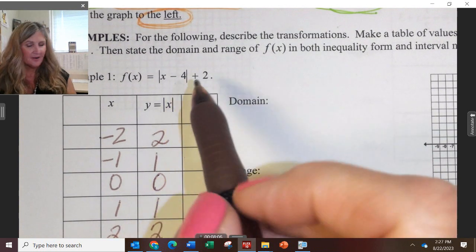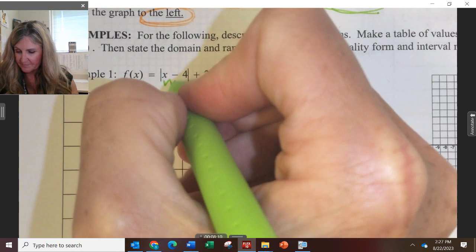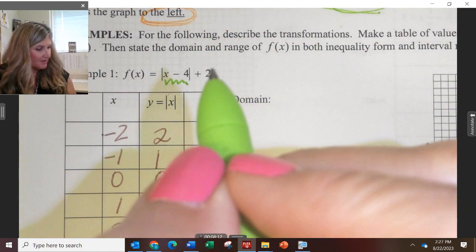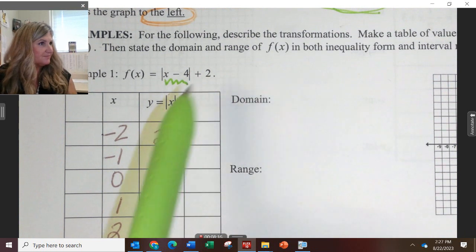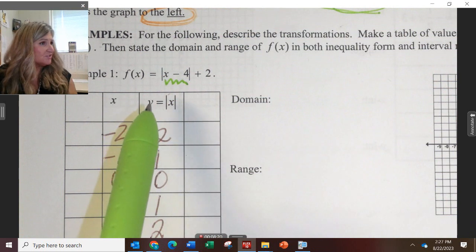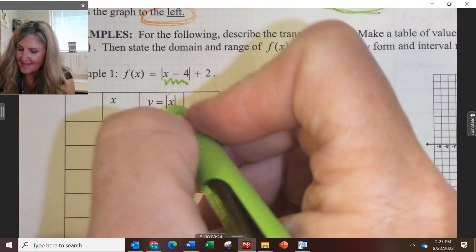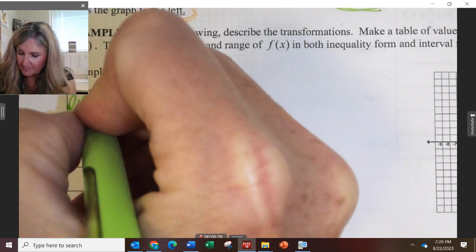Now we're going to look here. This x minus 4. Right there. Elise, what do you think that x minus 4 is going to do? Okay, do you know which direction? You're right. That's going to take us to the right 4.